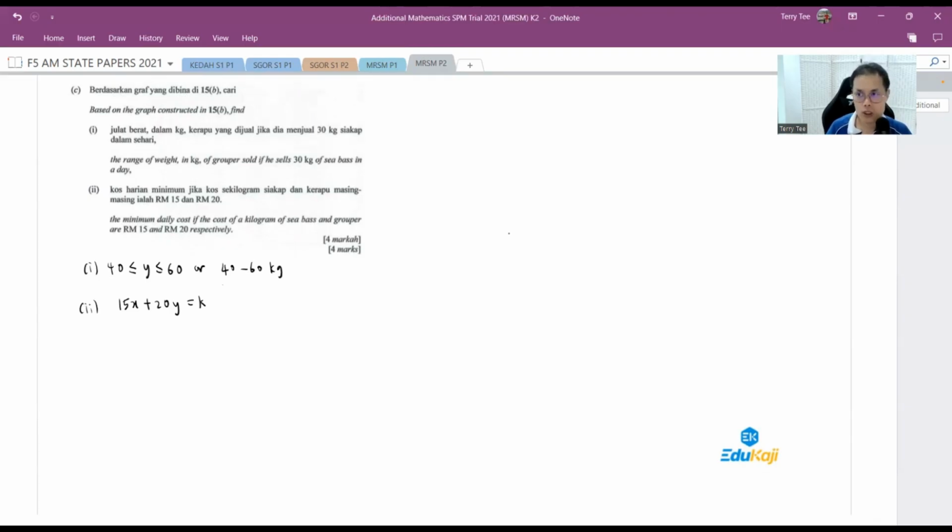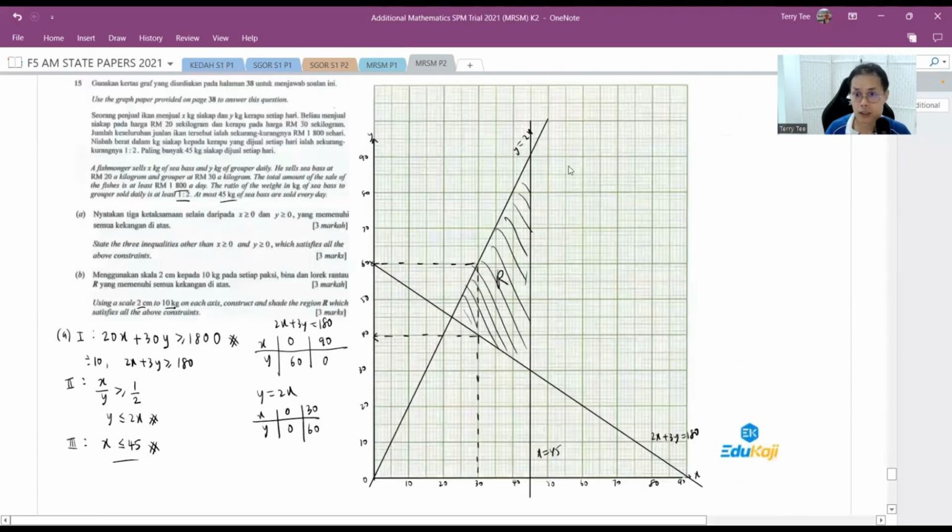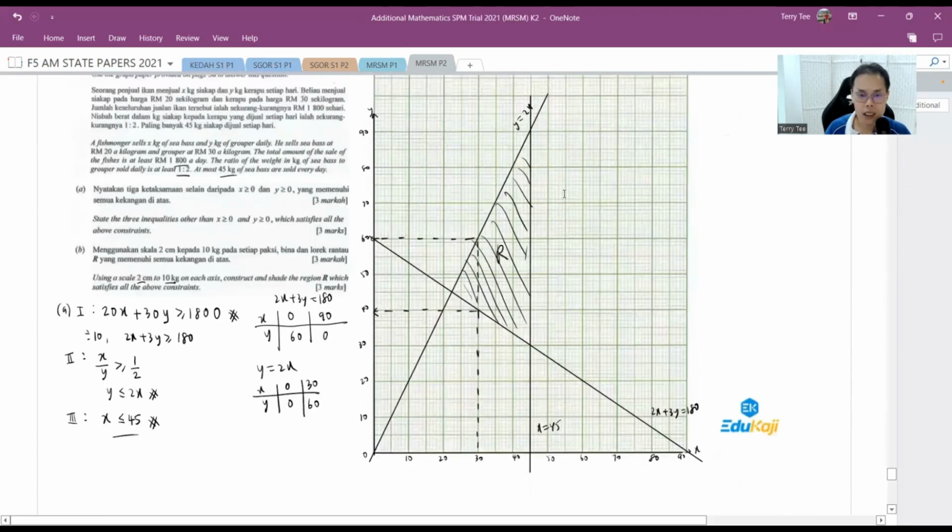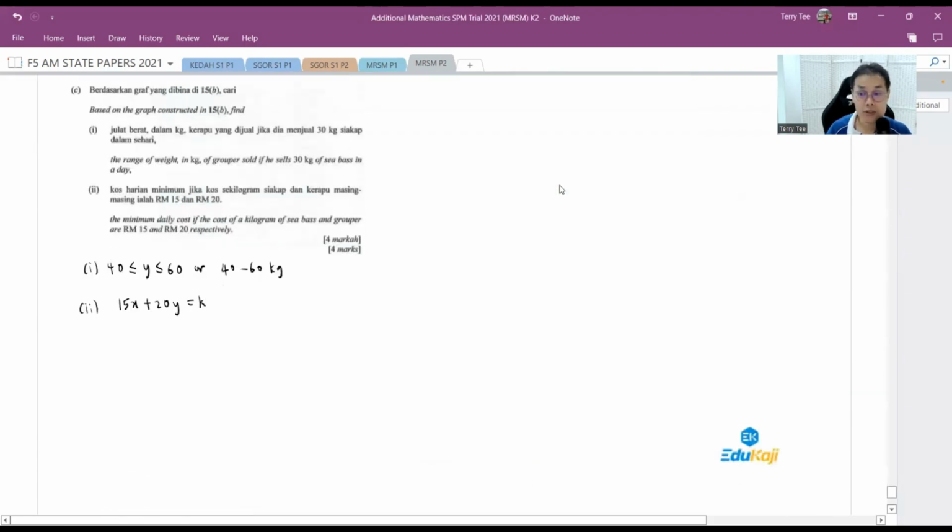For me, I would change it to y equals mx plus c. Some teachers will tell you to put a random value k, so you can draw a line on this graph. But for me, sometimes the k value that you choose may be too big or too small. So it's easier if you change this to the form y equals mx plus c.